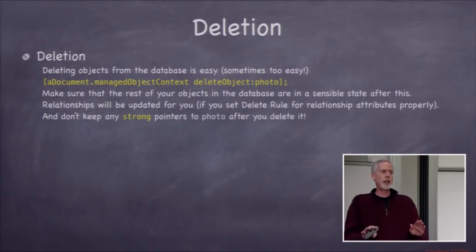It is invalid. After you call deleteObject, get rid of all your strong pointers to the thing you deleted, because it's no good. It's been deleted. If you try to say photo.title equals something on the next line, I don't even know what would happen. Something bad. Don't do it. I mean, that's completely obvious, right?